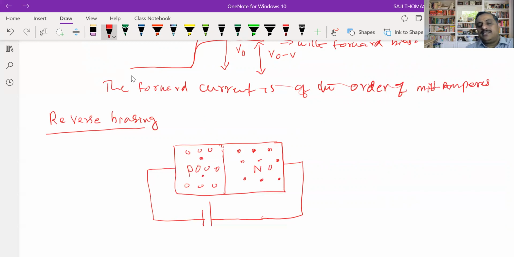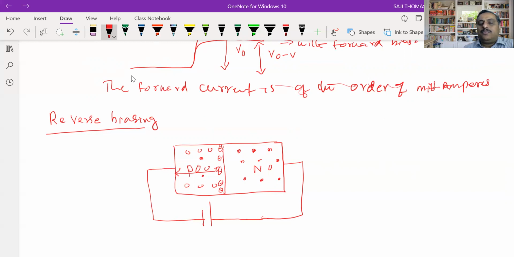Here what happens is, this negative terminal attracts the holes towards it. So what will happen? The holes move away from the junction. So the number of ionized cores increases, because losing a hole means negative charge.